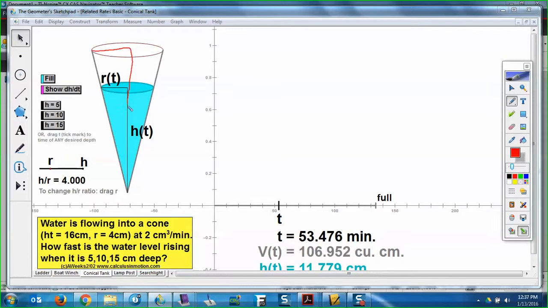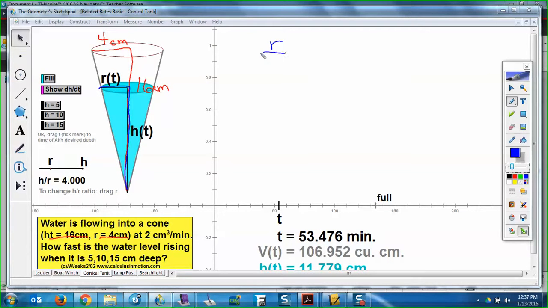Matter of fact, this problem words it a little differently. This problem says the tank is 16 centimeters high, and it's 4 centimeters radius. Well, doesn't that create a similar triangle? The cone being the red, and the water creating the blue.